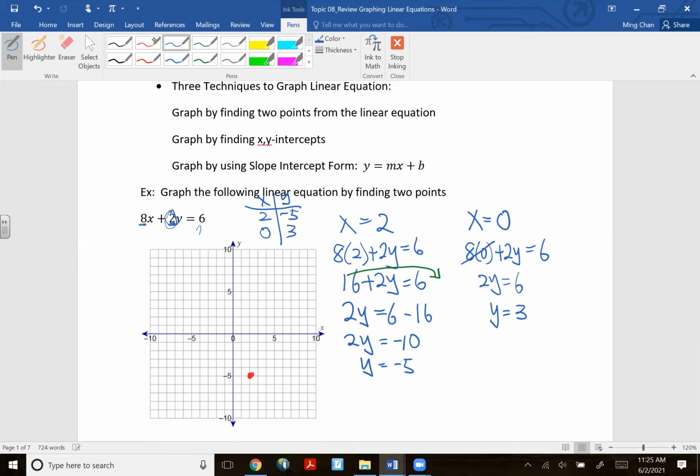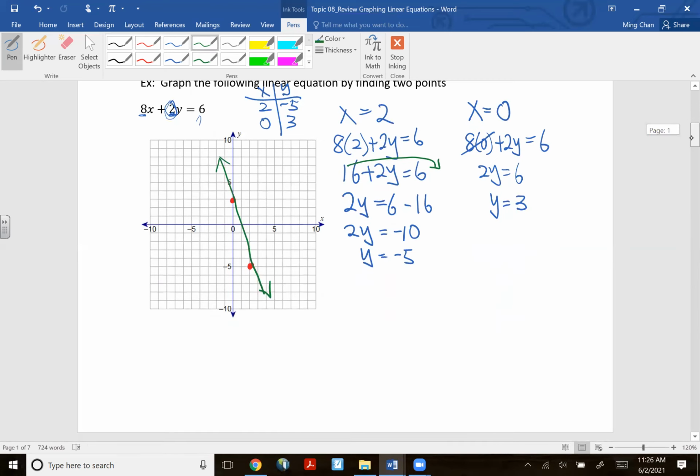So where is (0, 3)? 0 for x means I do not go right or left. 3 for y means I go straight up 3. So (0, 3) is going to be on the y-axis. Once I have my 2 points, I can connect them with a line. There you go. A linear equation always provides us with a straight line.